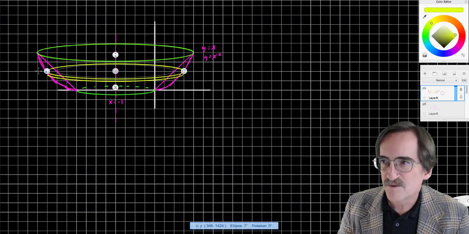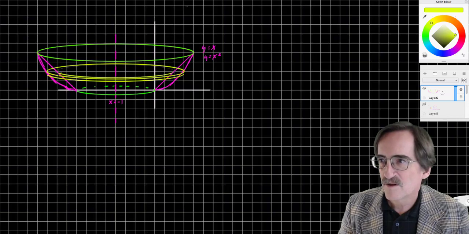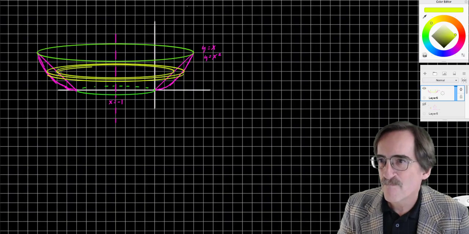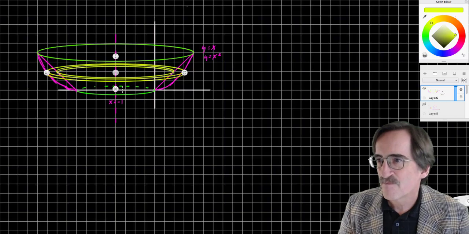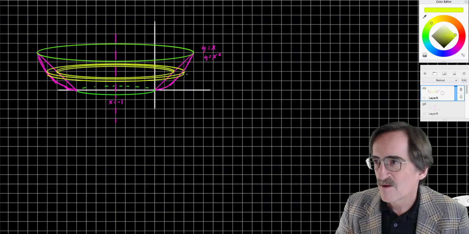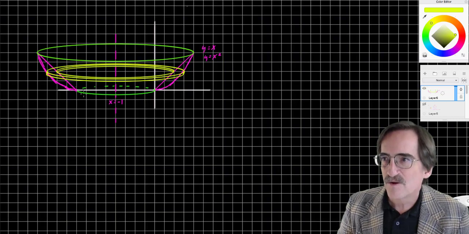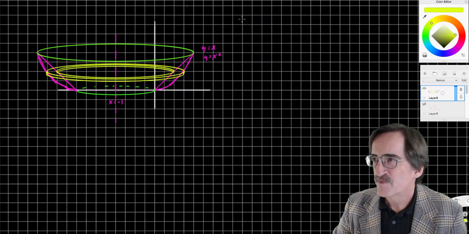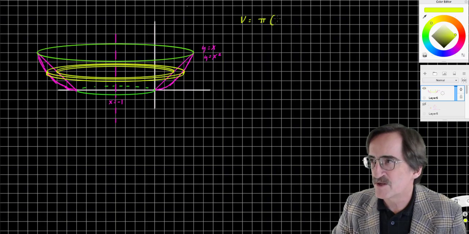And the inner circle, with its thickness here, delta y. And there's our washer, kind of a thin washer. But what is the volume of the washer? Well, the volume is pi times the big radius squared minus the little radius squared times the thickness, delta y, right? Delta y is the thickness.